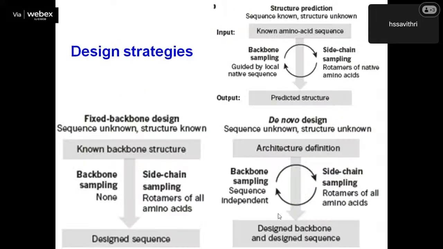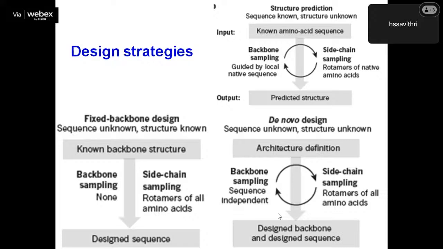So in the course of the last decade, they have developed many design strategies. In other words, if a structure is already known, can we do it with a very different sequence? Or, the most important here is de novo design.